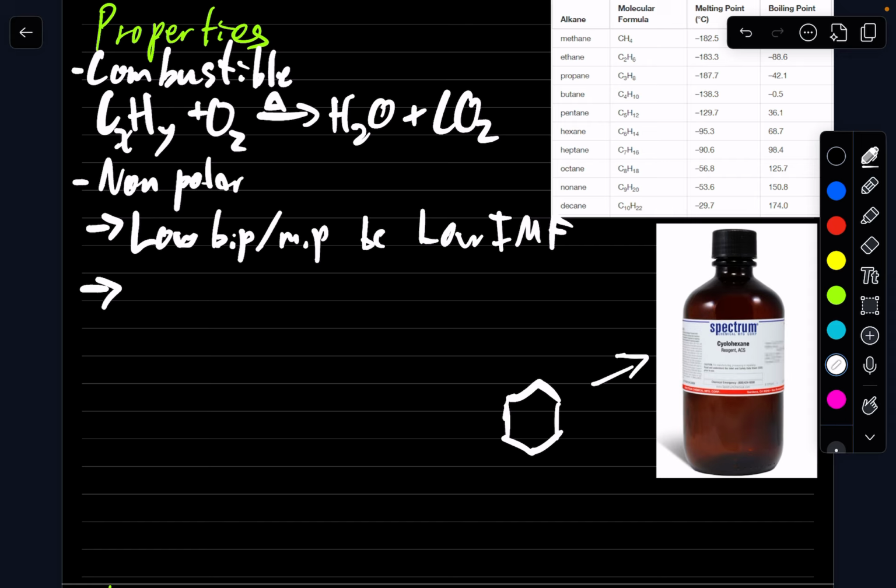However, water would not mix well with this because it is nonpolar, meaning that it does not attract well with water, which is a polar substance. So it's a nonpolar solvent.